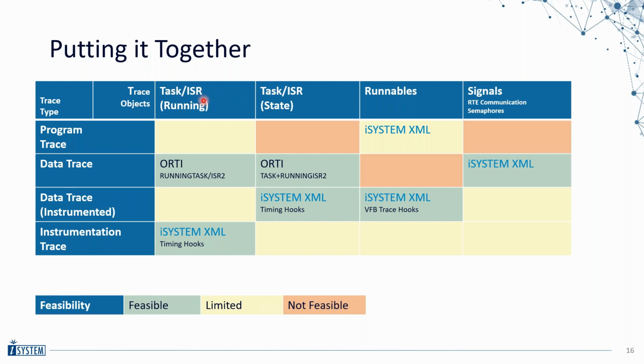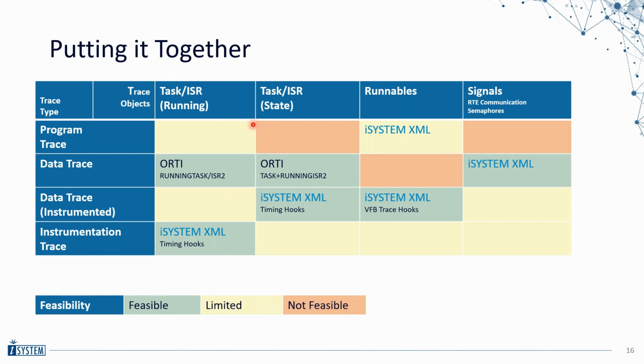for which trace object. So, for example, if we want to record the currently running task and currently running ISR, that's a simple variable that we can record via data tracing, and that's supported by the ORTI file. If we don't have data tracing available, then we would have to use timing hooks to instrument the application so that the running task and the running ISR are signaled, and that way we would use instrumentation trace, and that would work via the iSystem Profiler XML.